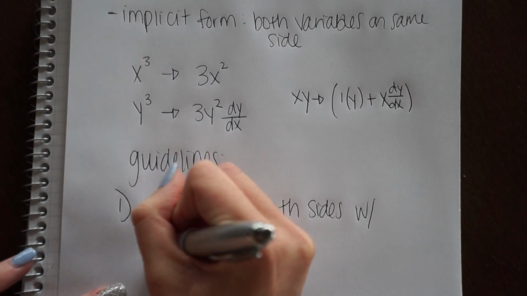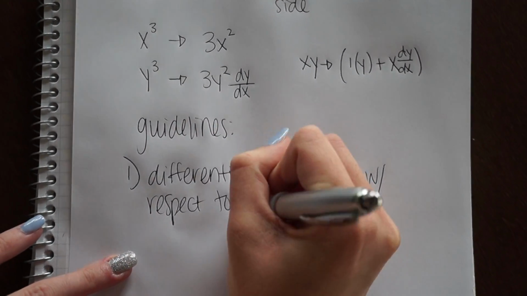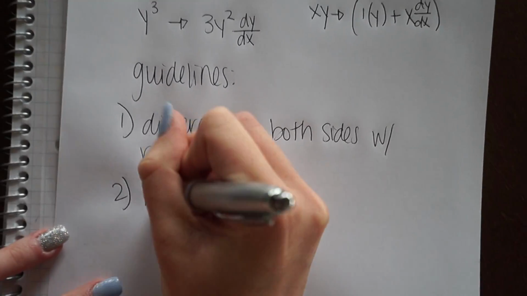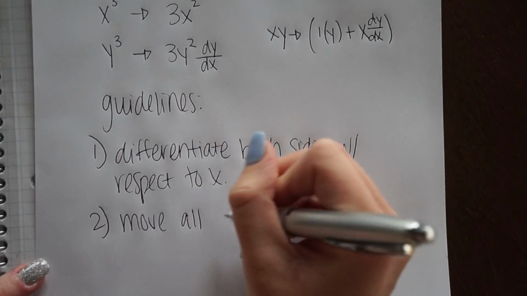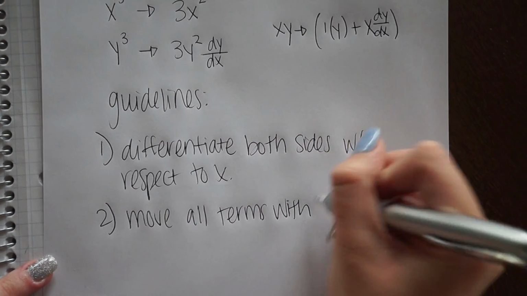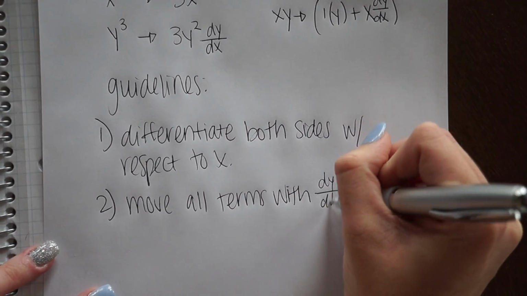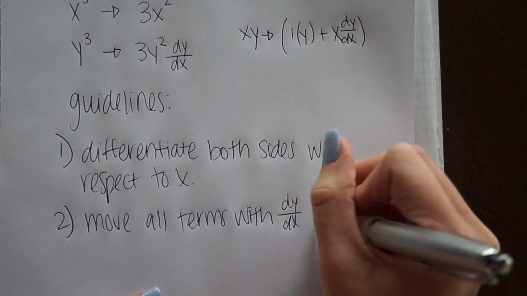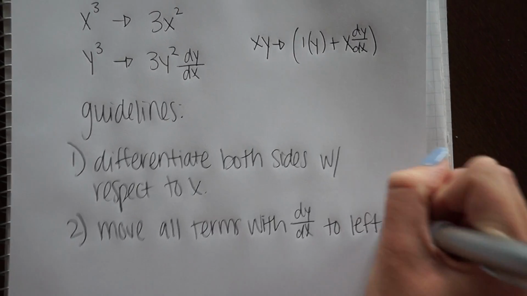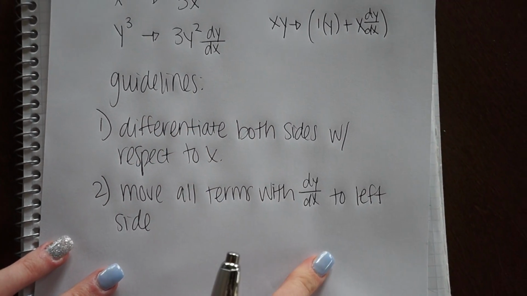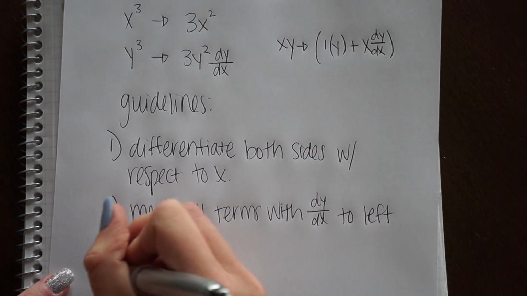Once we've done that, we're going to move all the terms with dy/dx in it, because remember we include that whenever we have the derivative of y being taken, to the left side of the equal sign and move all the other terms to the right side.